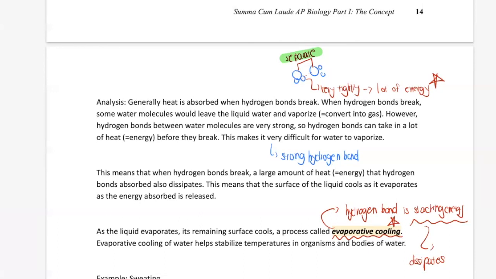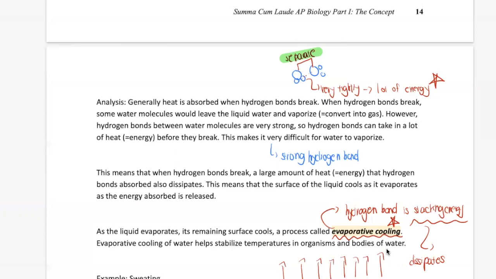So let's say this is the skin of any animal, including ourselves. So let's say we sweat during summer. So let's say the water molecules here, which comprise the majority of sweat, just vaporize.